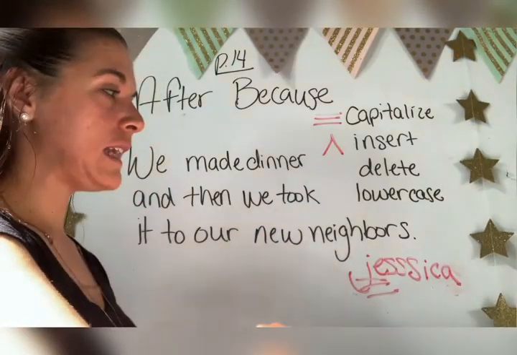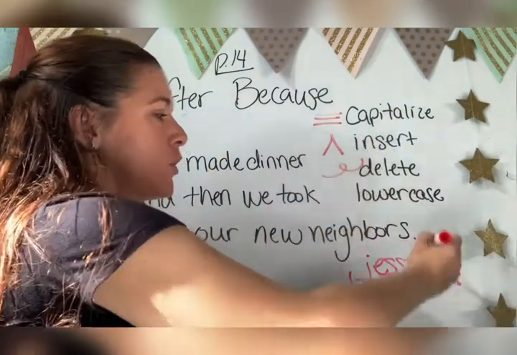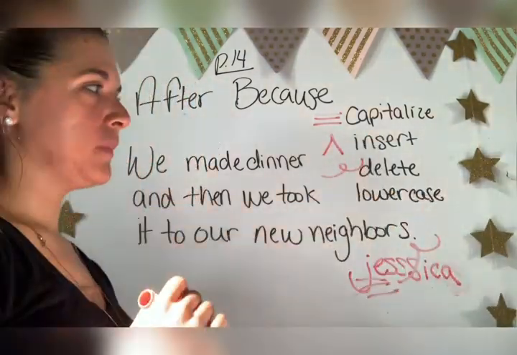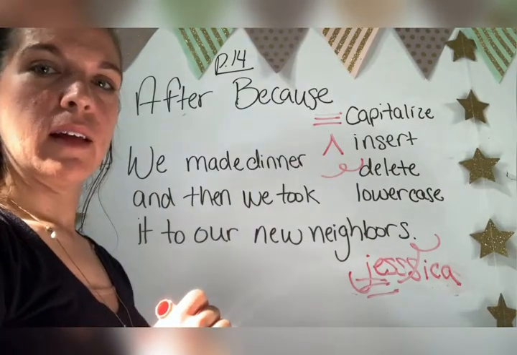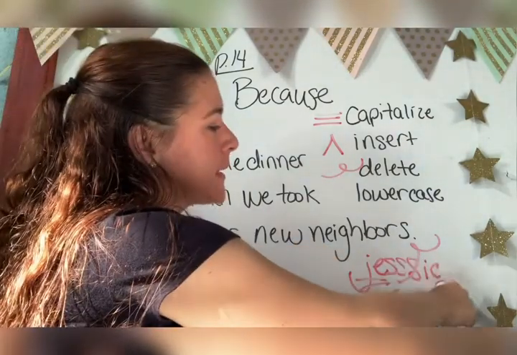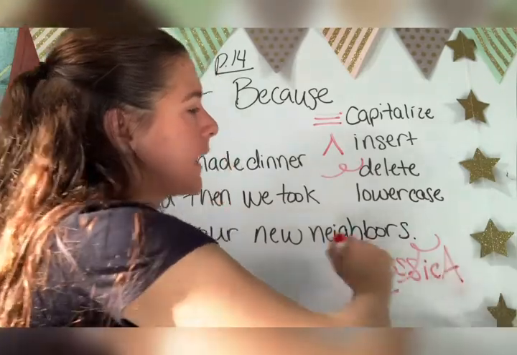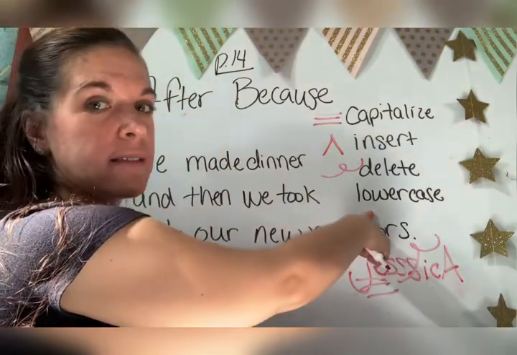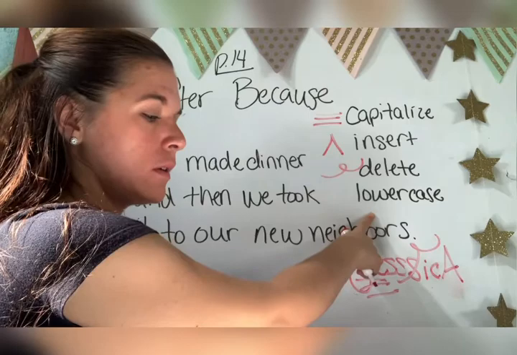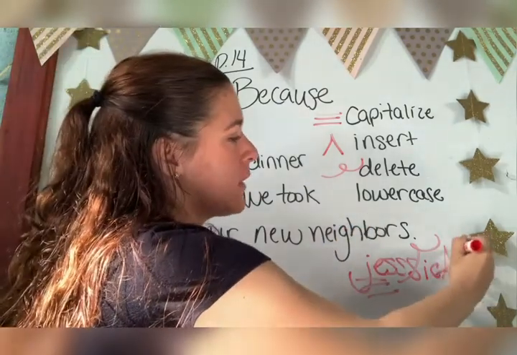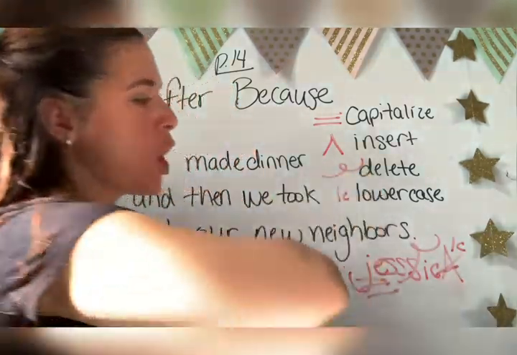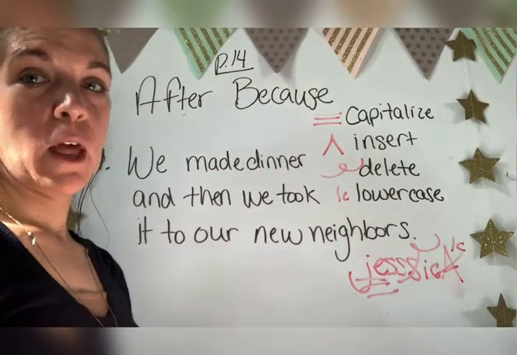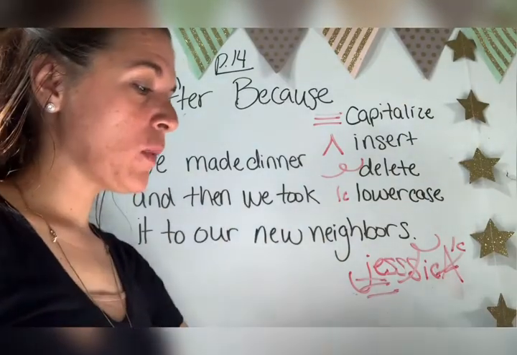What do I do to delete it? You do your cool little squiggly, right? And what if I had to make one letter lowercase? What do I need to do? I need to cross it out and put LC, lowercase. Okay? So now we know that we need to do that.